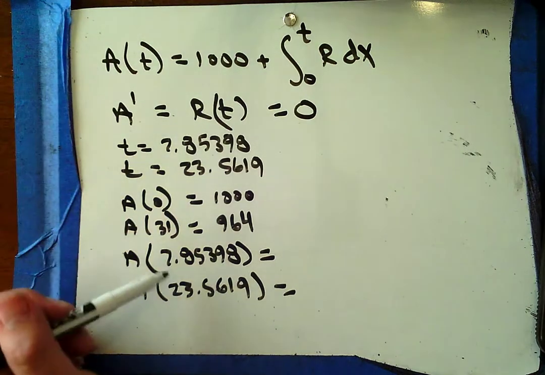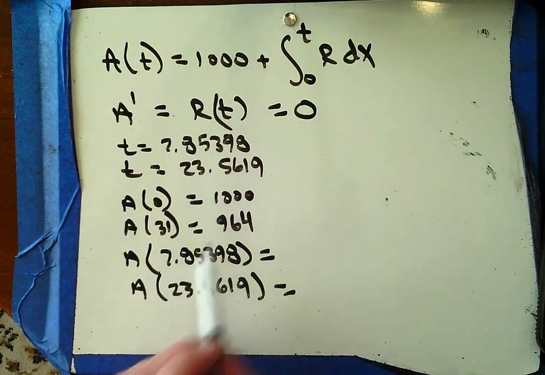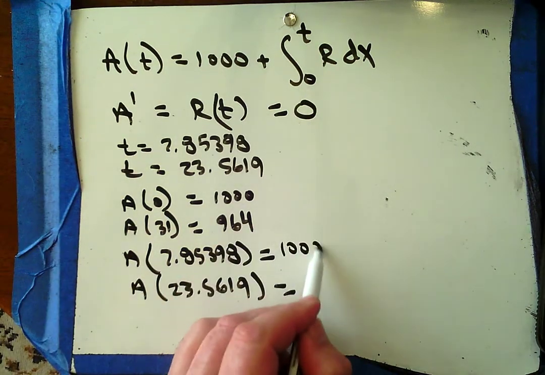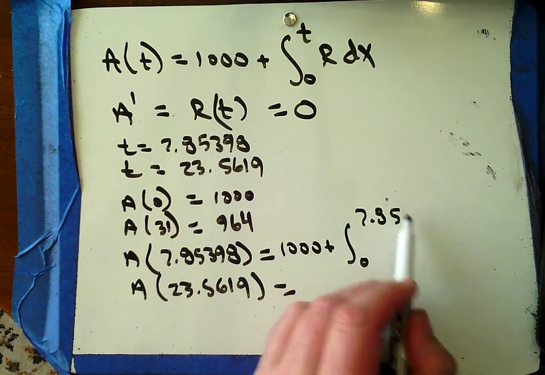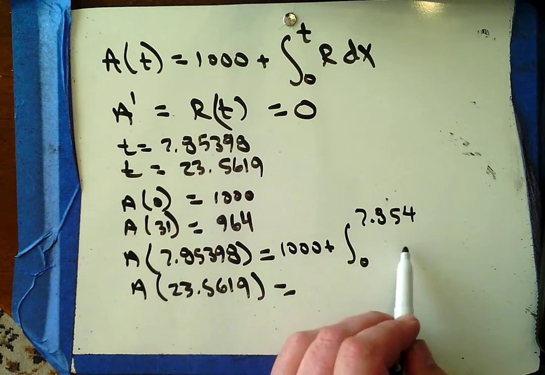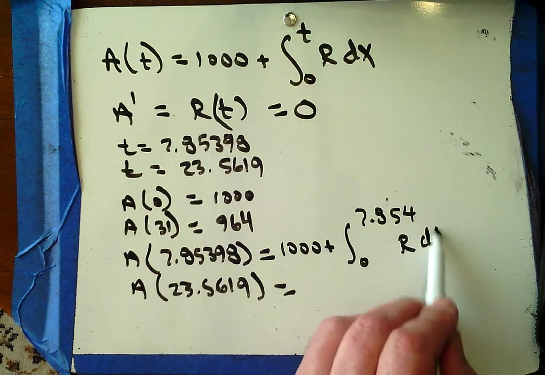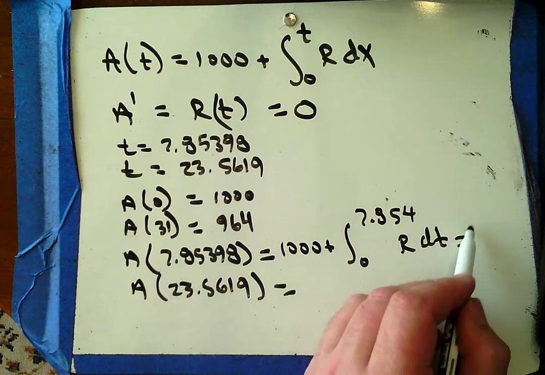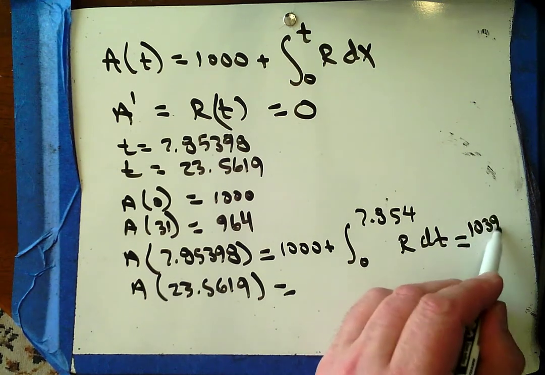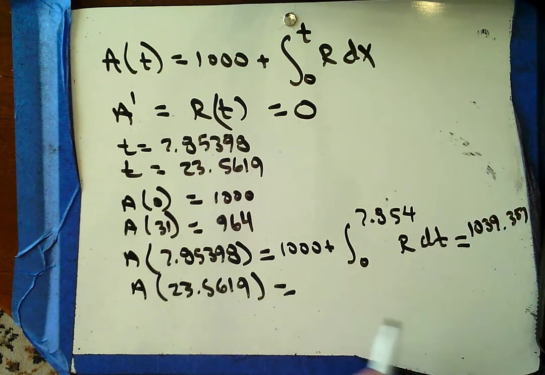And so what we're doing for this is 1,000 plus the integral 0 to 7.854 of r dt. And I got, when I did that, 1,039.357.